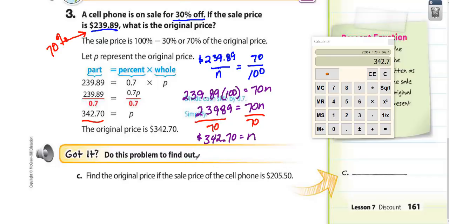So this is sale price where it had a 30% discount. So pause the video and figure out what it would look like for the original price, if there was a 30% discount and you were able to buy it on sale for $205.50.